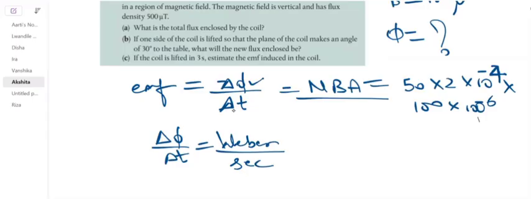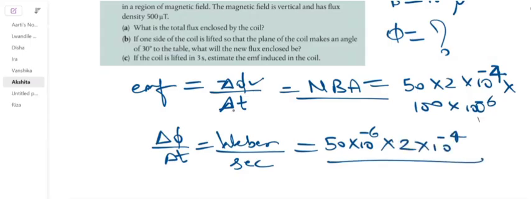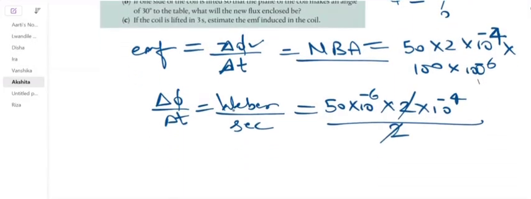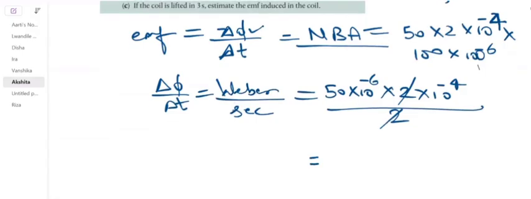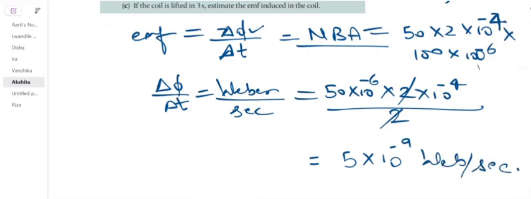I can't see it, ma'am. Yes, ma'am, now I can see it.